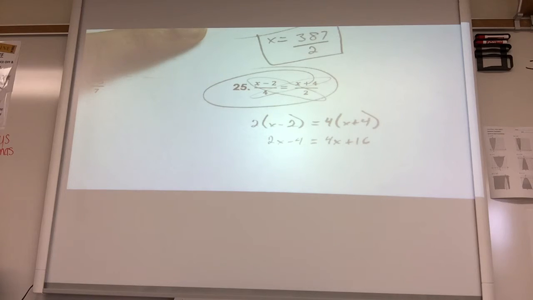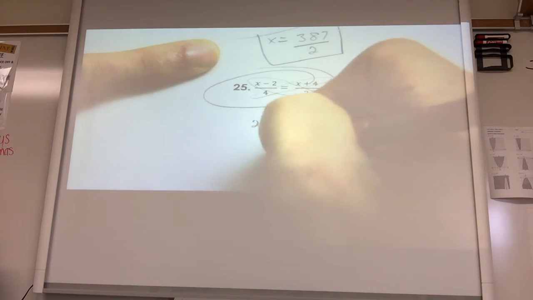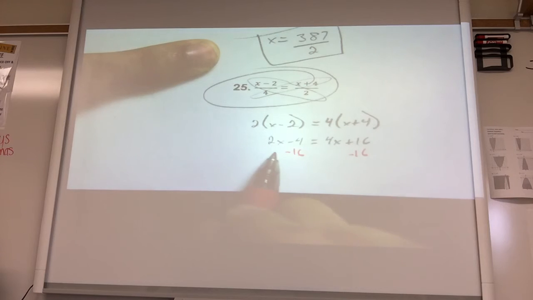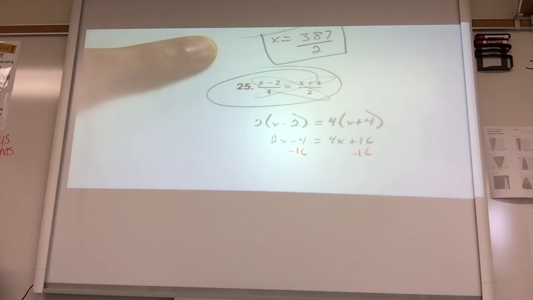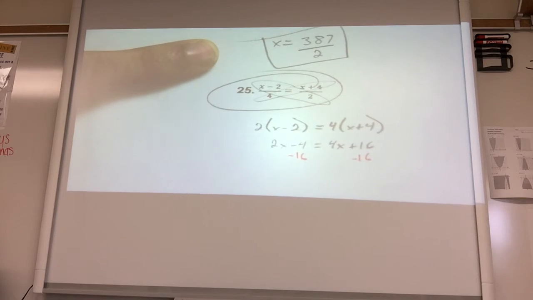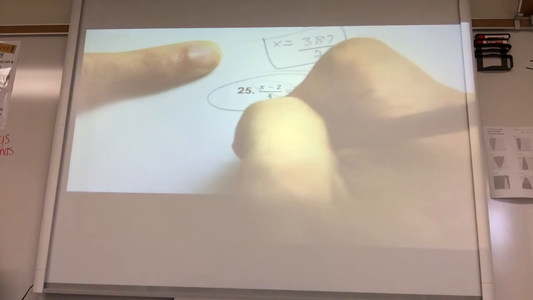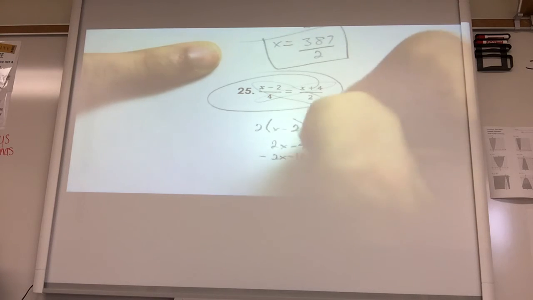And then I would solve for x. So you'd have to get all your x's together and all your numbers on the other side. So I'd probably from here subtract 16 from each side. And then how do I get rid of 2x? I'd also subtract the 2x. So let me go ahead and do that in a different colored pen real quick. So I'd subtract 2x from this side, subtract 2x from that side.